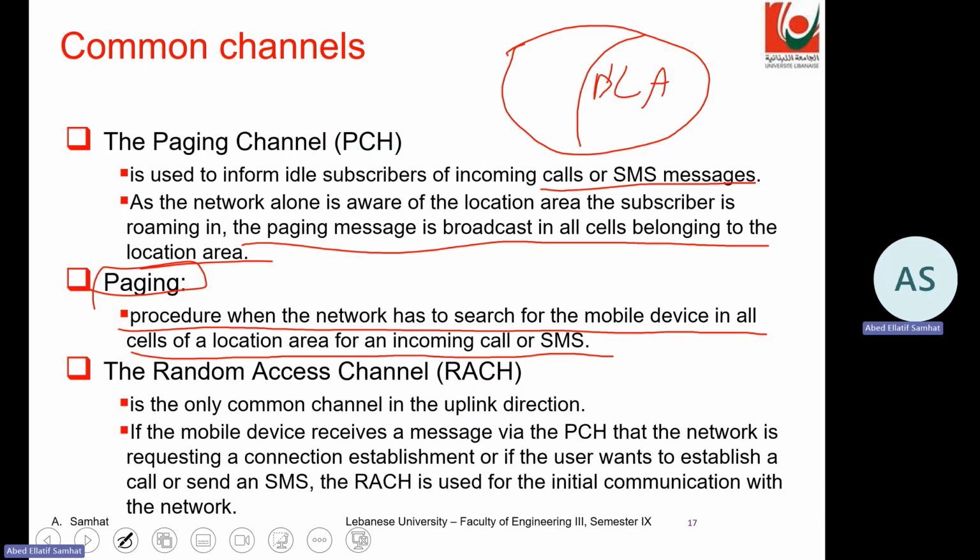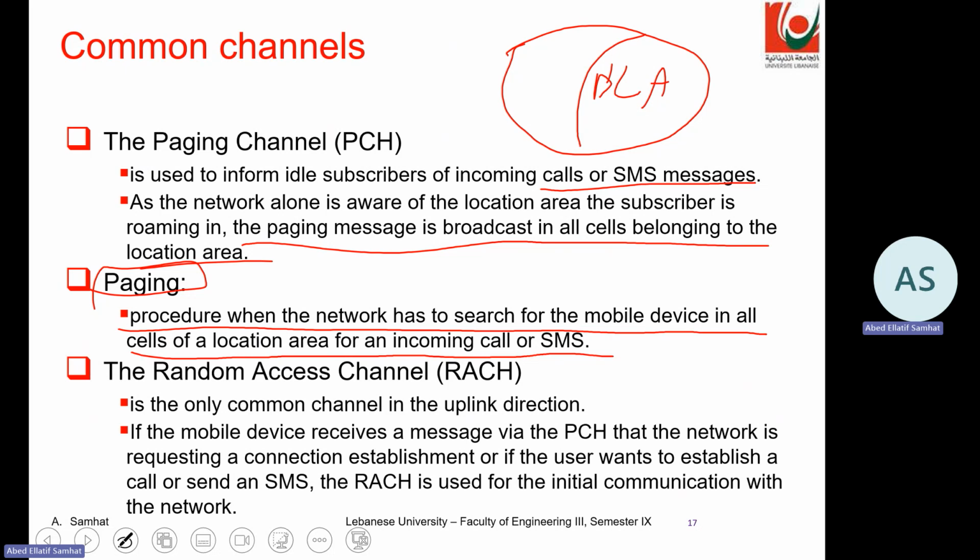That's why we should make a paging. Okay, so it's the procedure to search for the mobile in all cells in order to forward the message to this user. And after that, the message is transmitted using the standalone SDCCH.